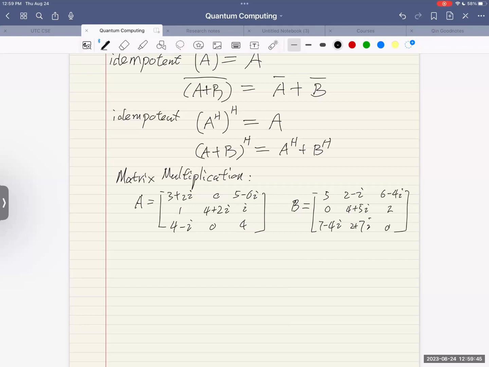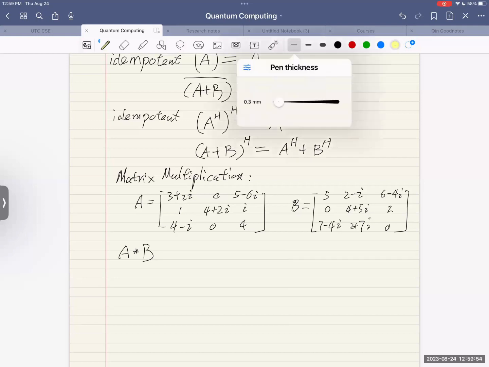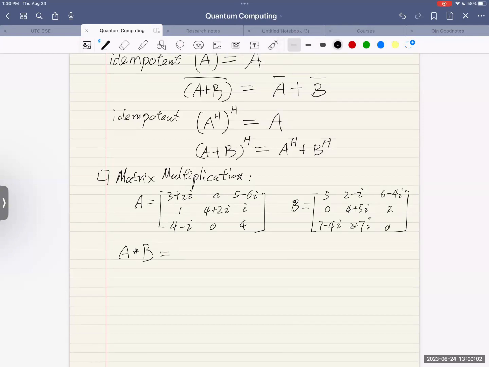So now we have matrix A times B, matrix multiplication. How are we going to do this? Yeah, it's really a lot. That means we first need to do the row and column one. First row in A versus first column in B. That's how we do the first one, right?